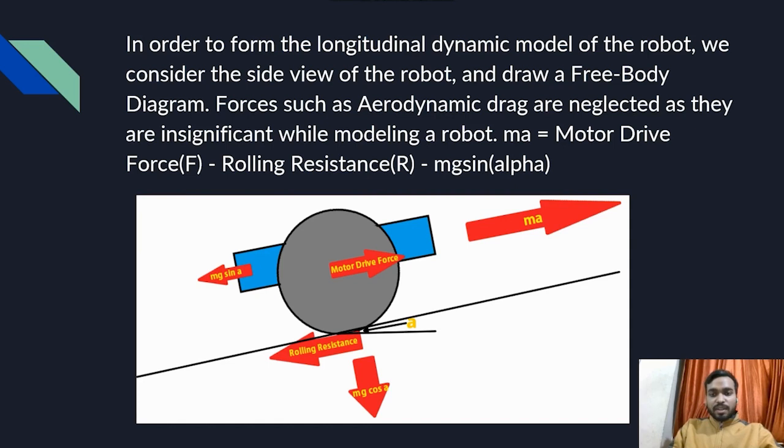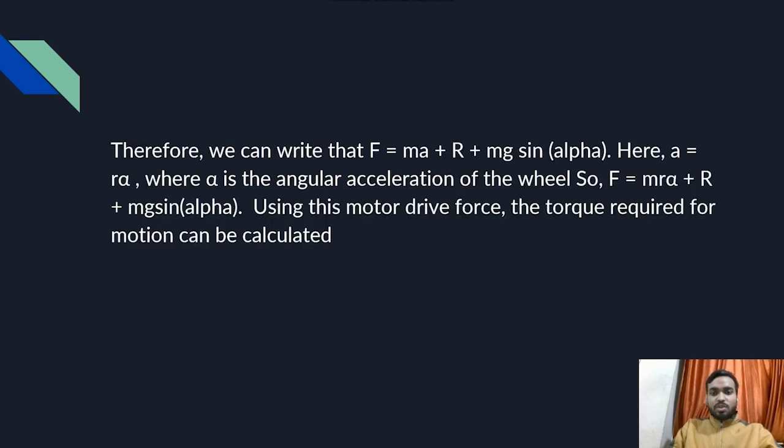So from here we can get the motor drive force F is equal to ma plus r plus mg sin alpha. So here a is equal to r alpha, where alpha is the angular acceleration of the wheel. So using this motor drive force F, we can calculate the torque required for the motion.